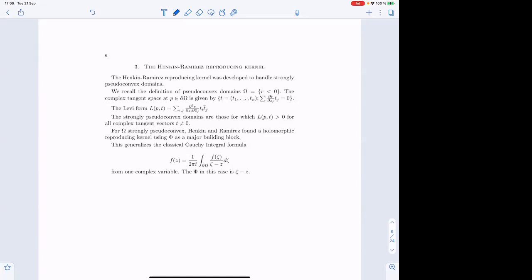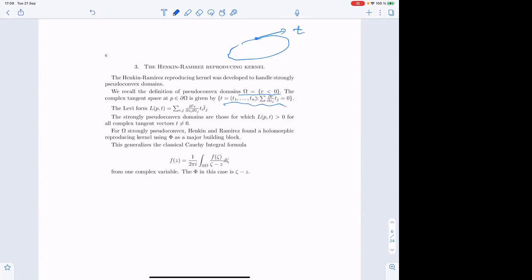So the definition of pseudoconvex domain is that if you take a complex tangent vector, then if the domain is given by some defining function r less than 0, the complex tangent space is given by some formula like this.